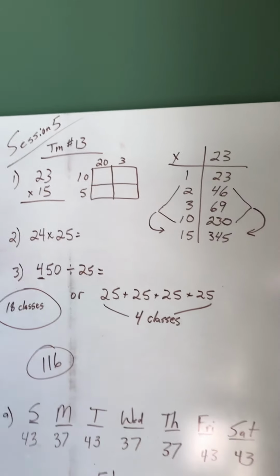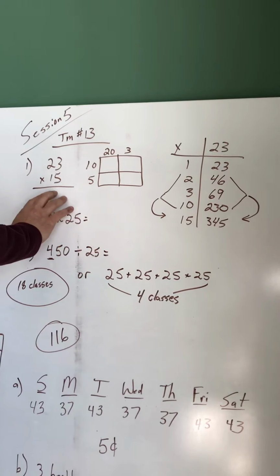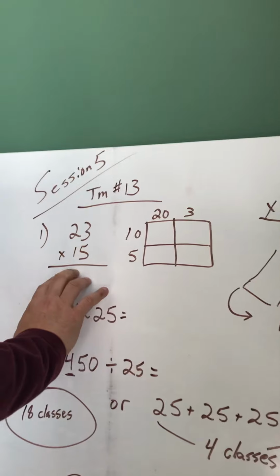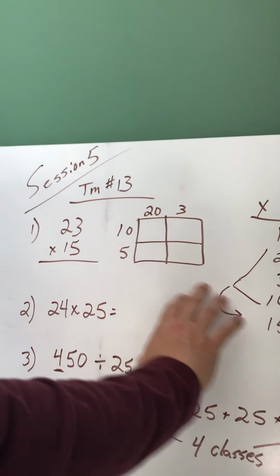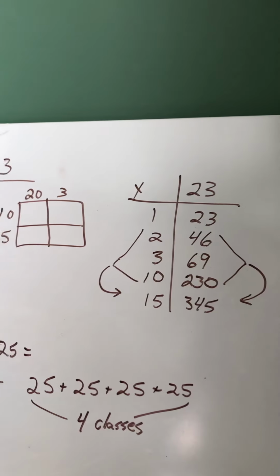Well, I'm just going to go over the 3 problems. These were story problems. This one just ended up being 15 times 23. So you could use the algorithm, you can use the area model, and you could use the ratio table to solve that.